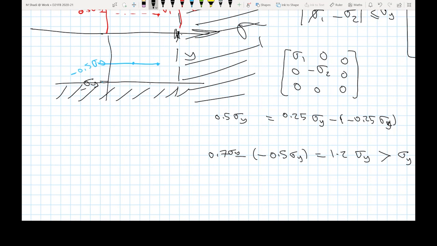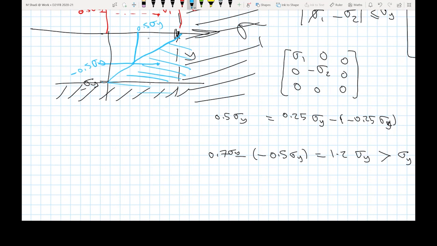This is the axis there, and this is 0.5, and this is 0.5 sigma y. And then along this line here, from minus sigma y to plus sigma y, crossing the point of 0.5 and 0.5, everything beyond this will have yielded. Everything within is still going to be within the elasticity range.